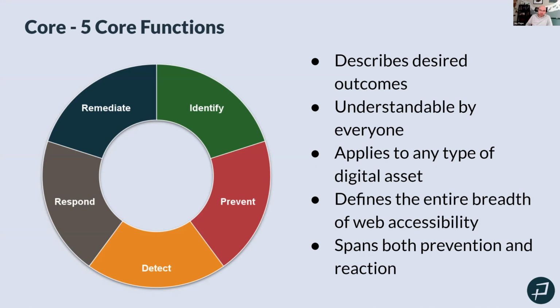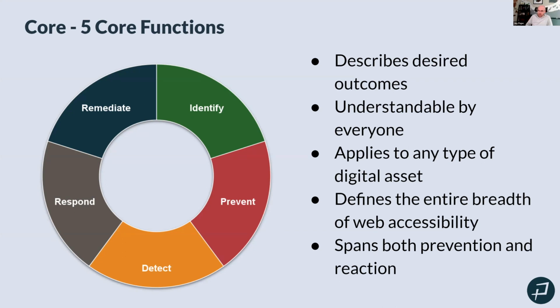The goal is that they're really self-explanatory for the most part, understandable by everyone as much as possible. And it can apply to any type of digital asset. And if you think about it, this defines the entire breadth of web accessibility. So all the different activities can kind of fit in one of these 5 functions. And it's looking at both prevention and reaction.